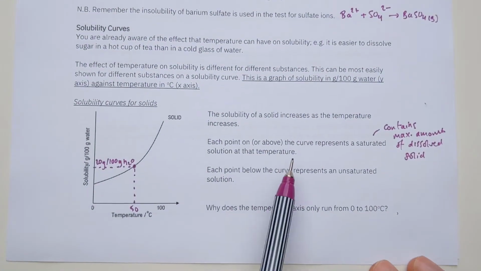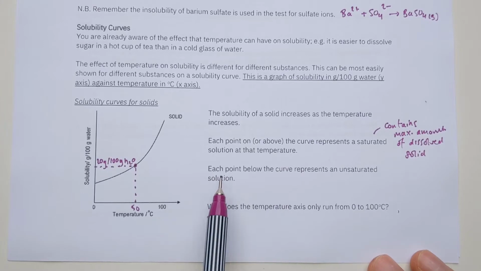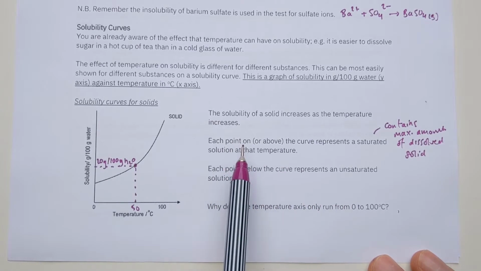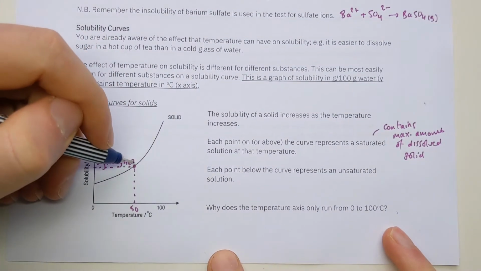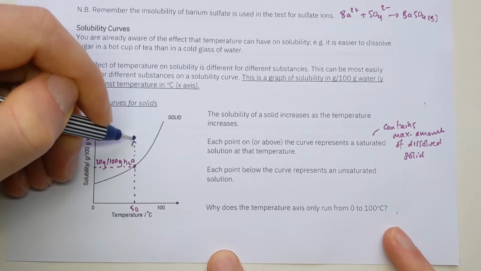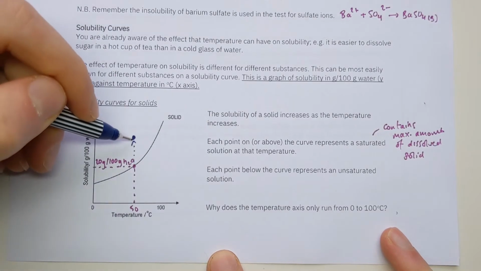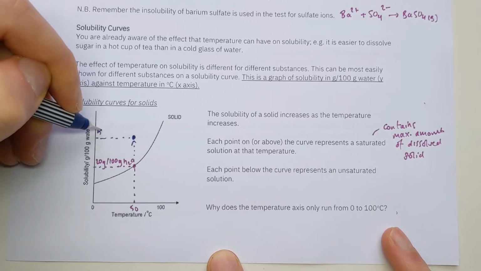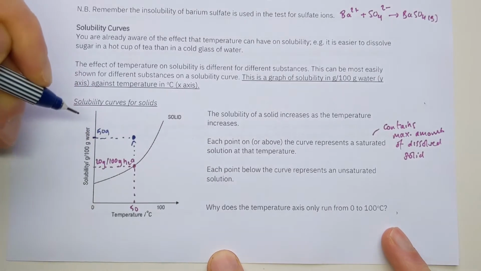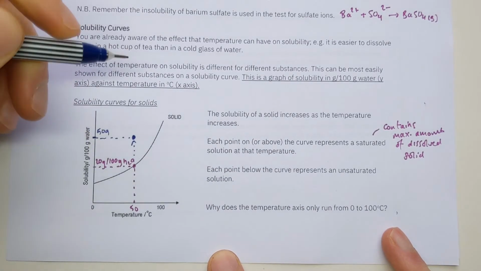So what we mean by above and below, the next point is each point below the curve represents an unsaturated solution. So talking a wee bit about points above or below the curve. If I stick to that point I've marked on for 50 degrees C, what that means is if I go above this point, up to here, that would represent me trying to dissolve, for example, let's make up a value, 50 grams on this solubility axis.